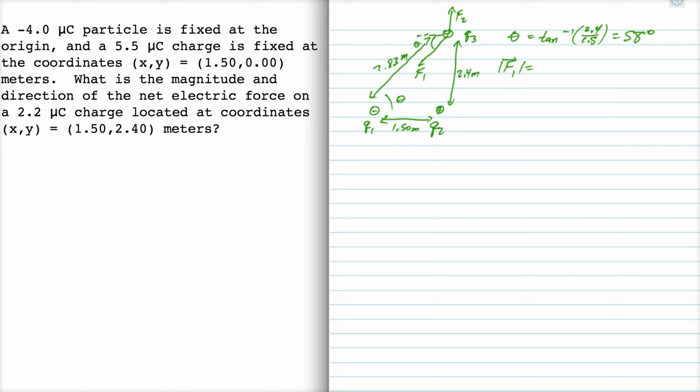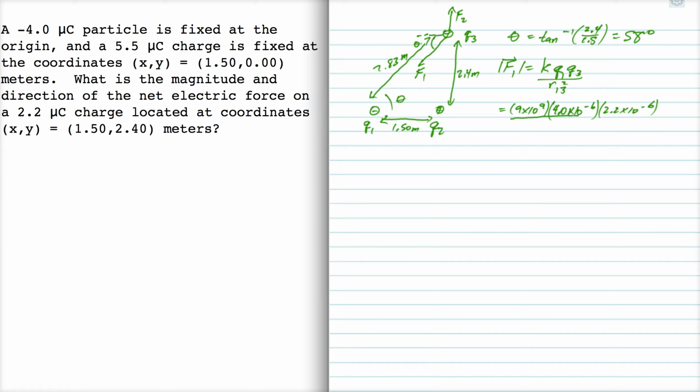So the magnitude of F1 is K Q1 Q3 over R13 squared. That is, there's the Coulomb constant. Now Q1 is given to be 4.0 microcoulombs, and Q3 is given to be 2.2 microcoulombs.